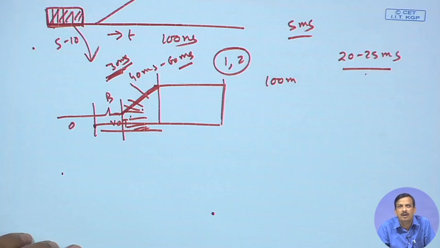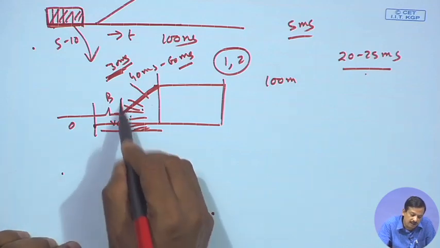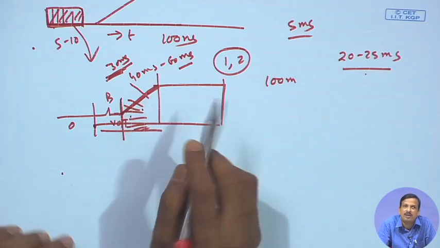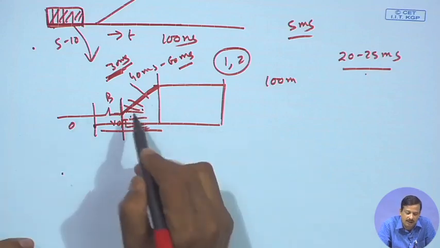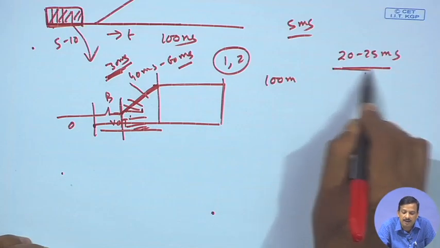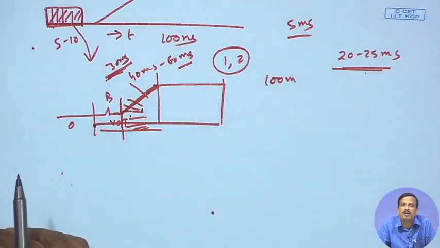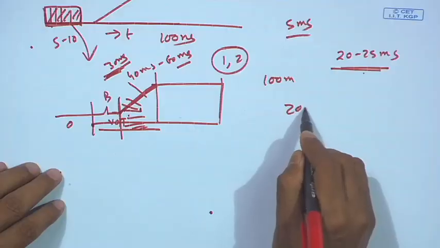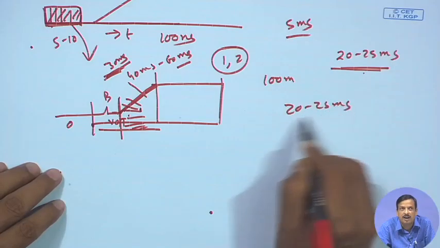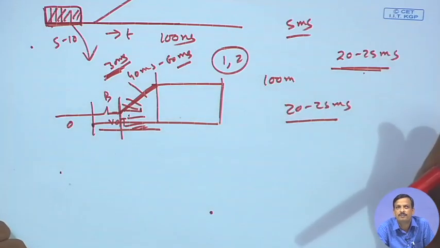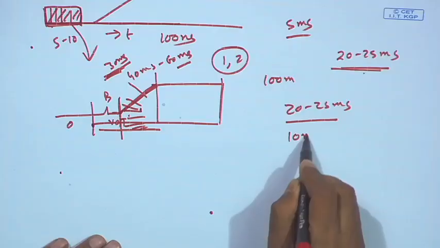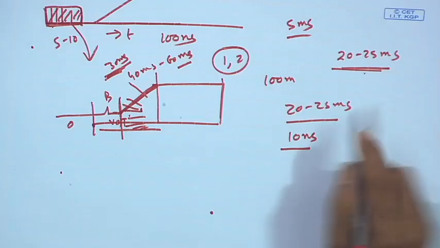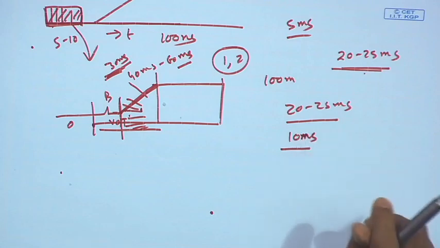Then I can say yes, I can find the detailed signal information along the time if I take the window length 20 to 25 millisecond. That is why, in the whole processing of speech, we use 20 to 25 millisecond as the window length and shift the frame by 10 millisecond, so that I get 100 frames per second.